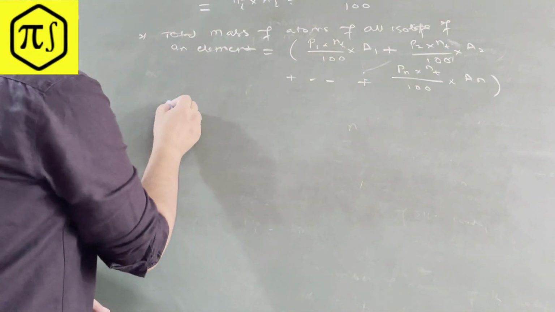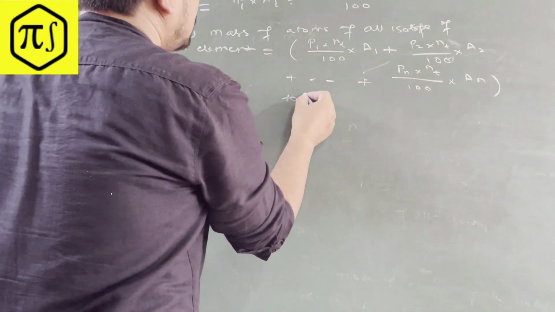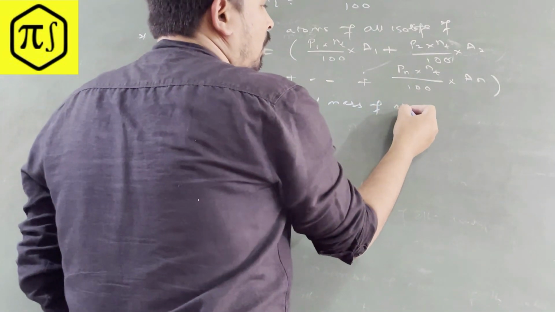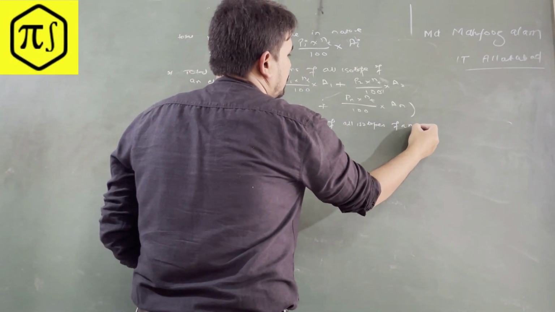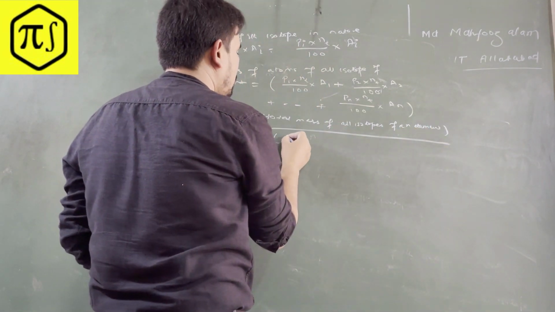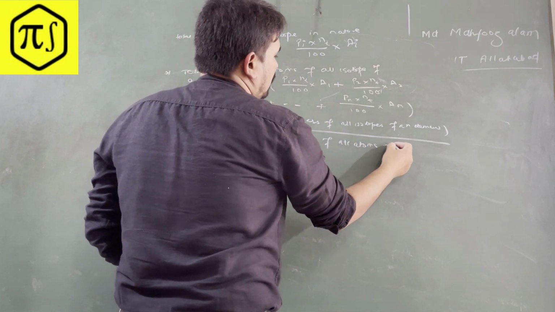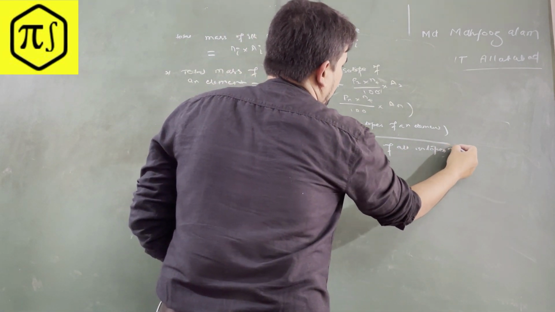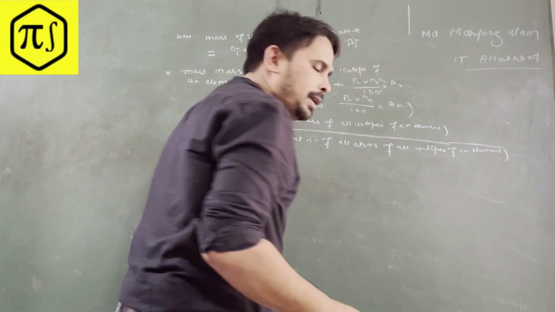Now, what is the average mass? We already wrote it down, right? Total mass of all isotopes of an element divided by the total number of all atoms of all isotopes of the element.